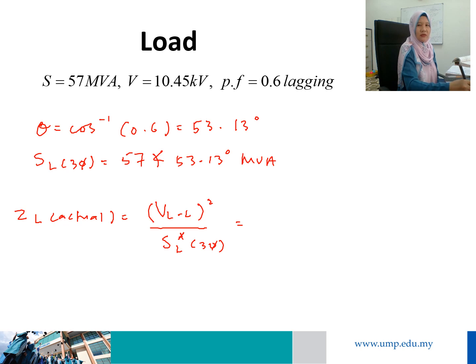So the V line to line is 10.45 kV squared divided by 57 at an angle of minus 53.13 degrees MVA.